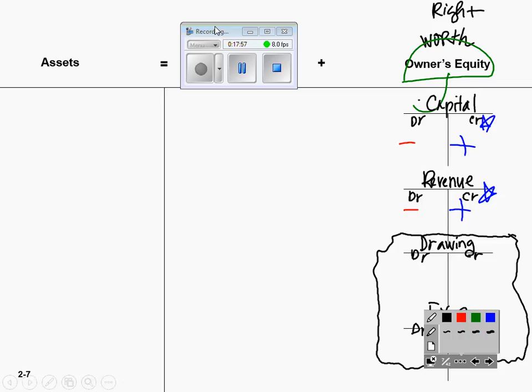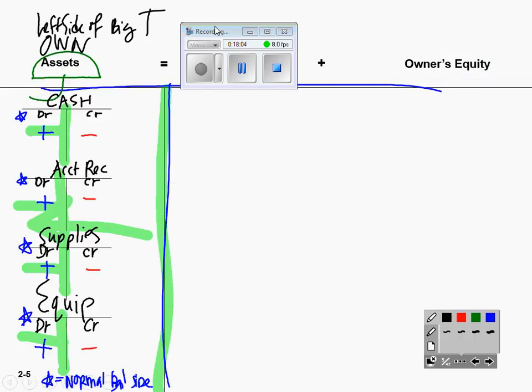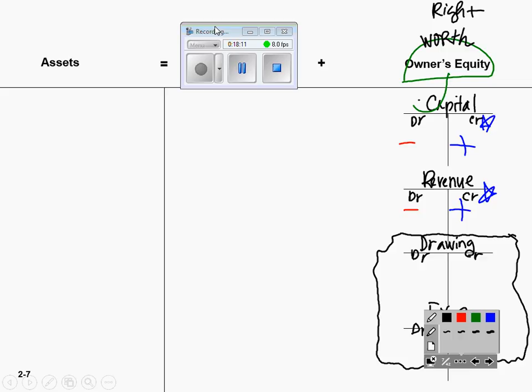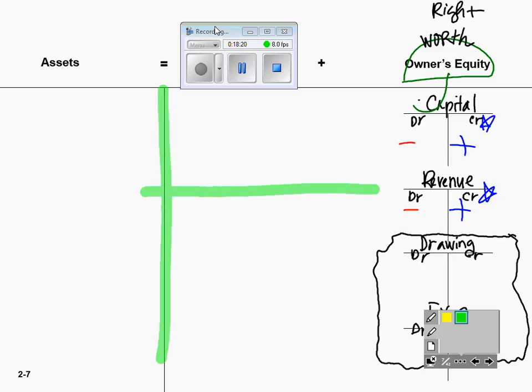So does debit always mean decrease? Debits mean increase if you're an asset. Debits mean decrease if you are liabilities or owner's equity. Why? Highlighters again. We are on the right side of the big T, so the right sides of the little T's are the increases. Now we're going to talk about the naughty accounts later.